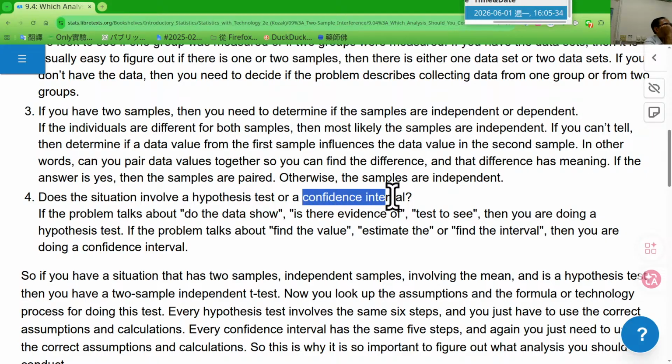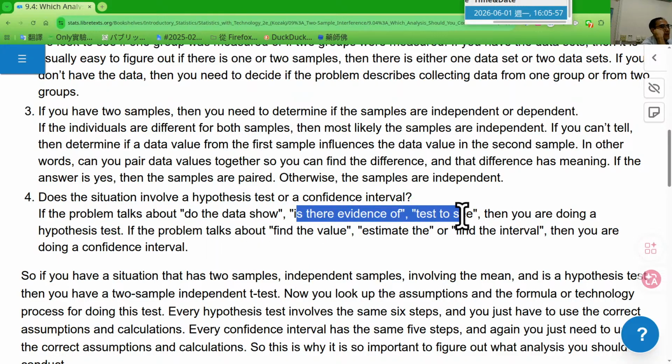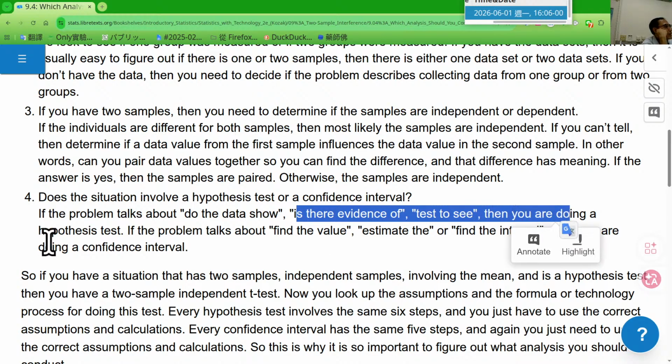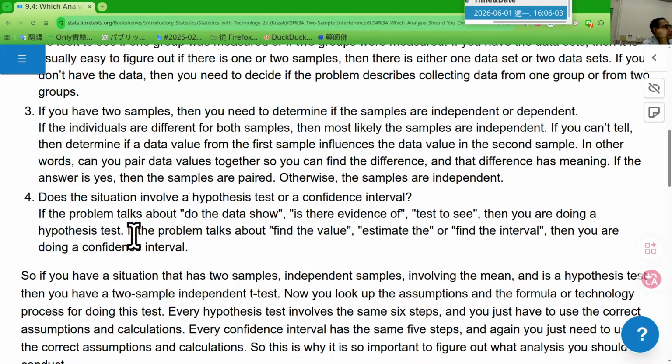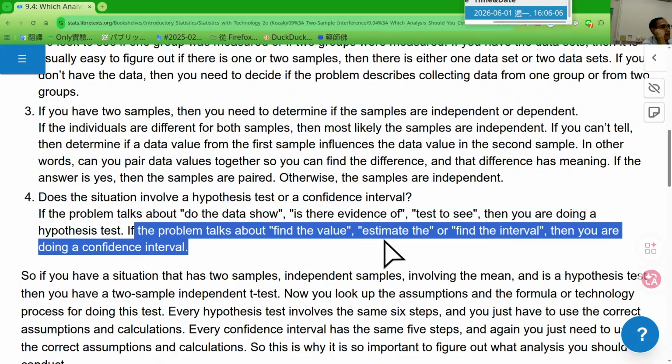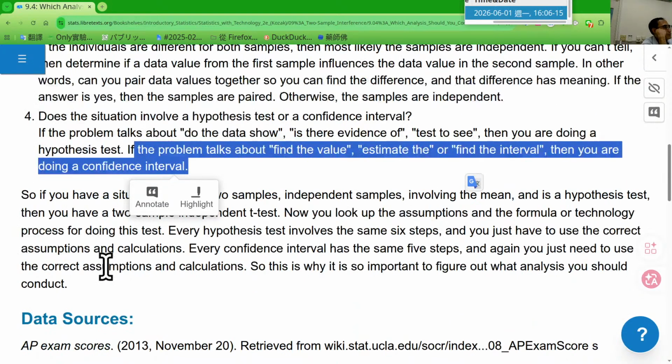After our survey or experiments, we believe the population mean is in the range from A to B, and we can say that is a confidence interval. If the problem asks do the data show, or is there evidence, or test to see, then you are doing a hypothesis test. If the problem says find the value, estimate, or find the interval, those are 3 key words, then you are doing a confidence interval.